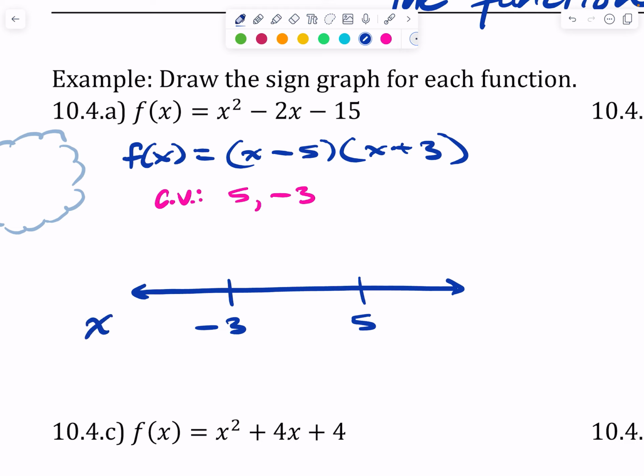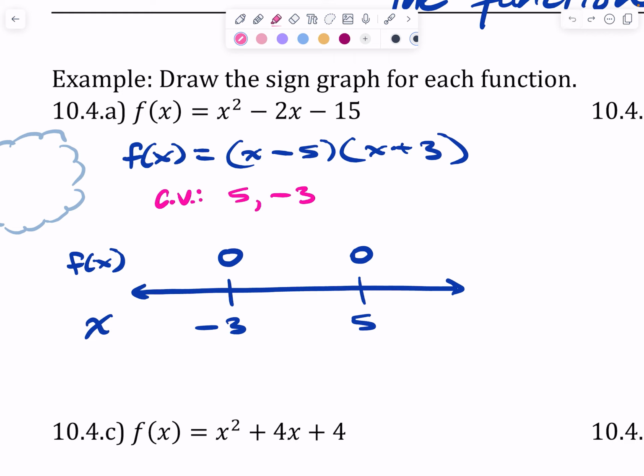Those are the values of x we're dealing with. And for those values of x, certain things happen for f of x. Now we know that negative 3 and 5 are zeros of this function f of x. So right above that tick mark, we put some zeros. So when x is negative 3, f of x is 0.